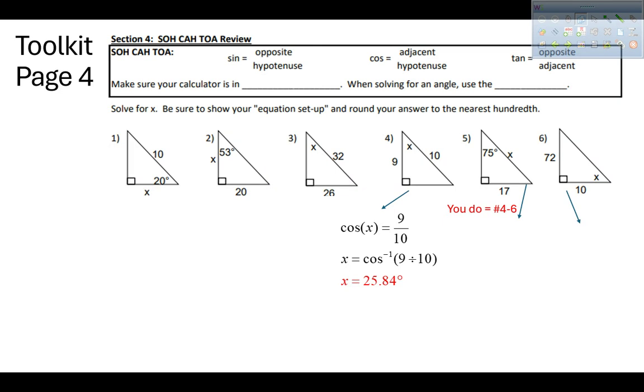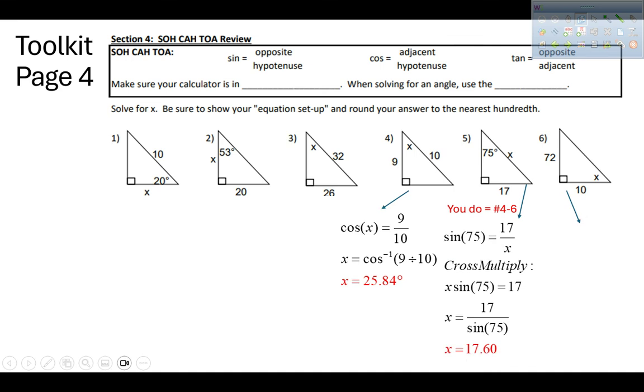All right, next one, I have 75. I have the hypotenuse leg, or at least I want to know the hypotenuse leg. So I'm either going to use sine or cosine. And then the 17 is opposite of the 75. It's not next to it. So I used sine. So I did sine of the angle, which is 75, is equal to the opposite side length, 17, over the hypotenuse side length, x.